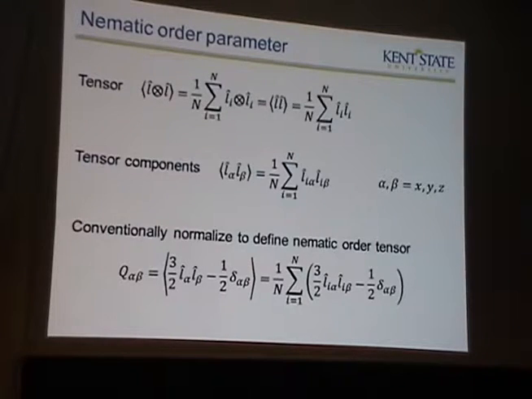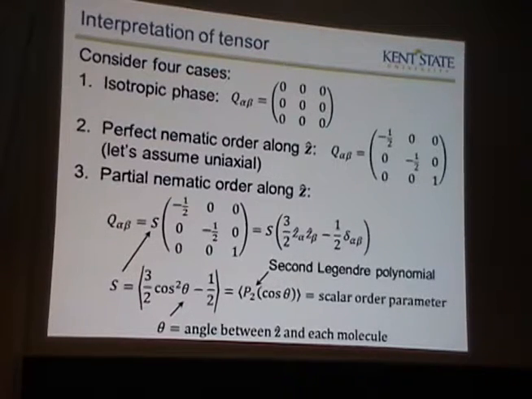This is a lot of mathematics. What clarifies the mathematics is to look at some specific cases, some particular examples. So for one case, let's suppose we have an isotropic phase. That is to say, the orientation of the molecules is equally likely to point in any direction in three-dimensional space. It could be x or y or z or any of the diagonal directions.